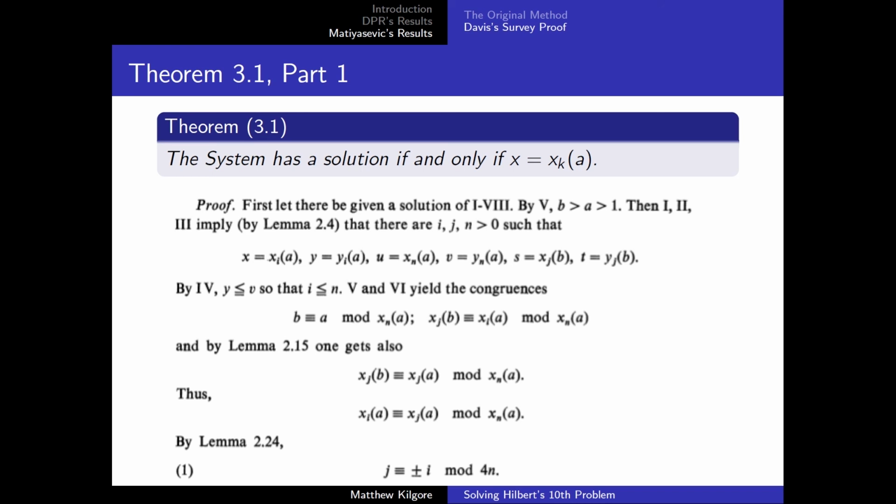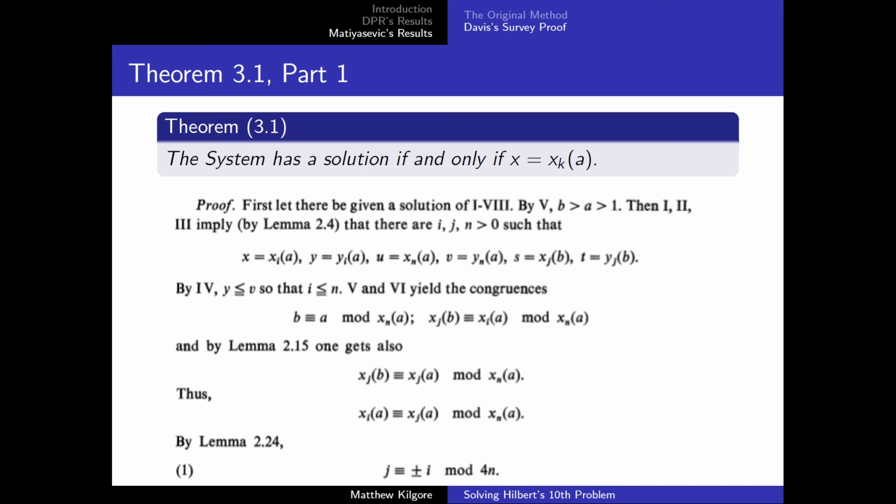Now 5 and 6 give us congruences. b is equivalent to a mod x_n of a, and x_j of b is equivalent to x_i of a mod x_n of a. Thus by lemma 2.1 and 5, we also get x_j of b is equivalent to x_j of a mod x_n of a. Thus x_i of a is equivalent to x_j of a mod x_n of a.